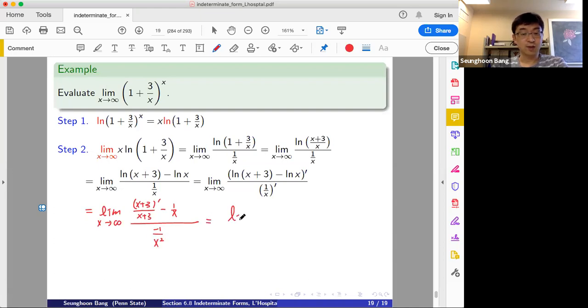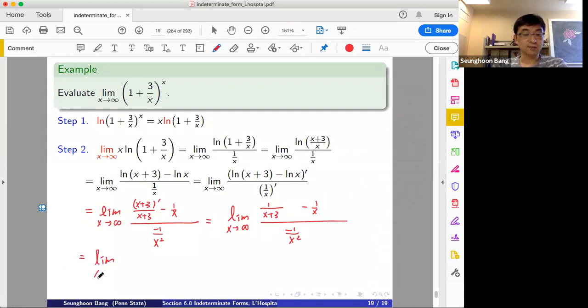The derivative of x plus 3 is only 1, so we have 1 over x plus 3 minus 1 over x, over negative 1 over x squared.